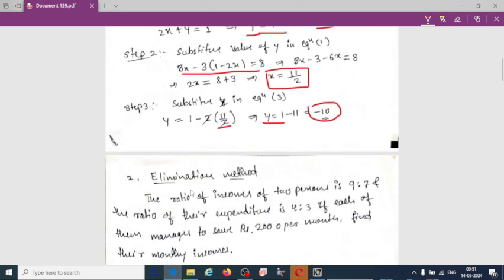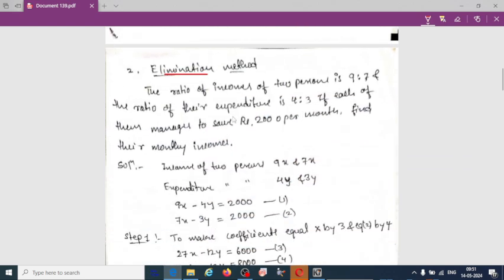The next one is the elimination method. Let us take one example. The ratio of incomes of two persons is 9:7 and the ratio of their expenditure is 4:3. If each of them manages to save rupees 2000 per month, find their monthly income.